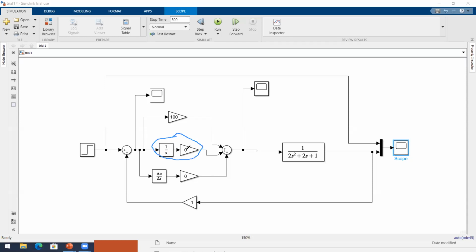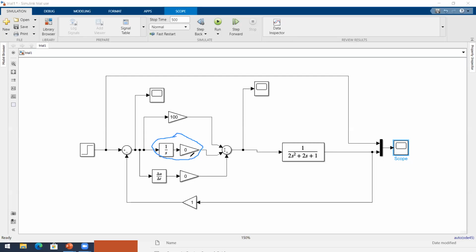It is 0 here. I have to give some value here. So this 1 by s adds up whatever error was accumulated, for each signal, all the errors, and multiplies with the gain value, the value which we give here.